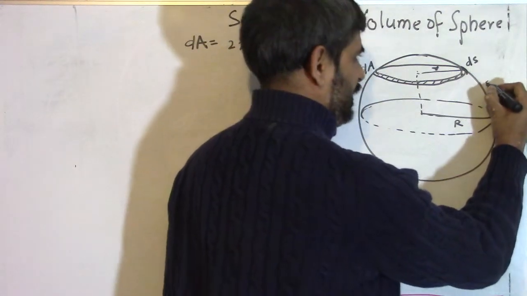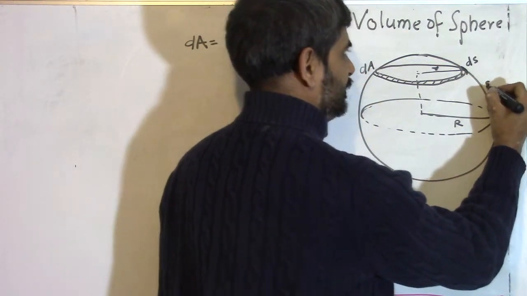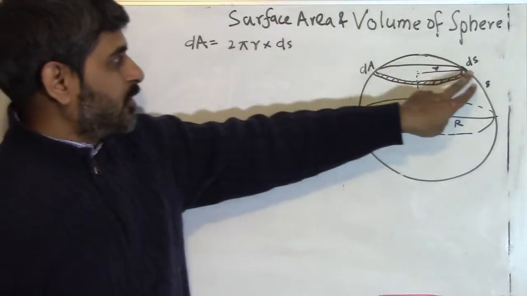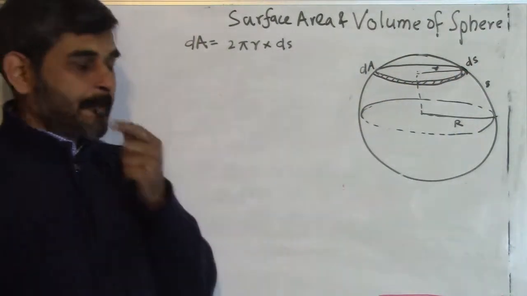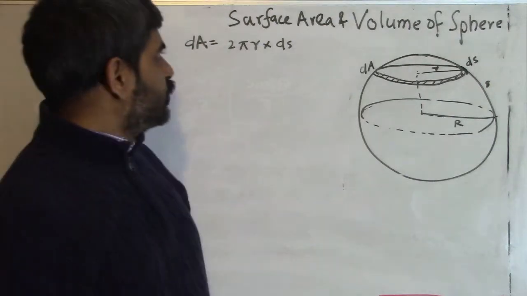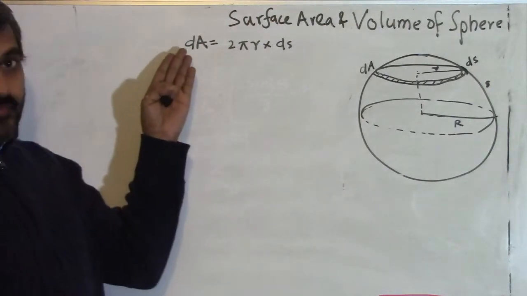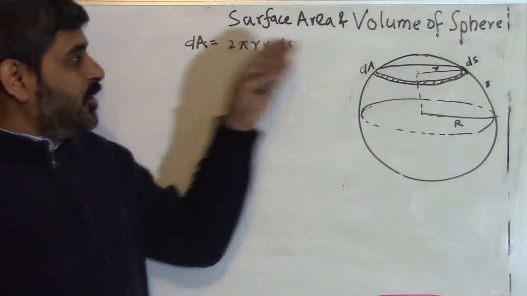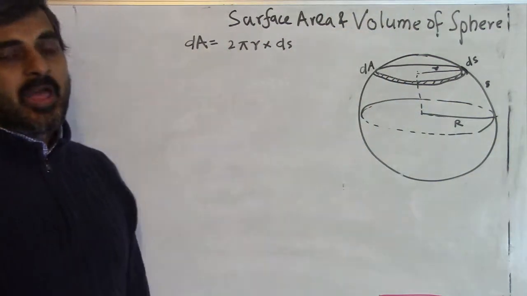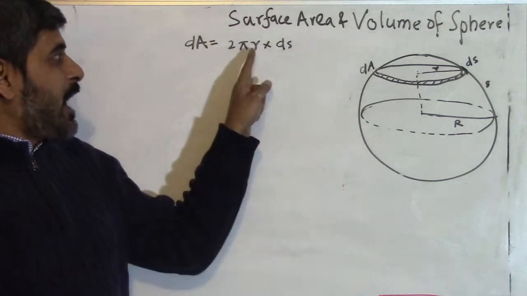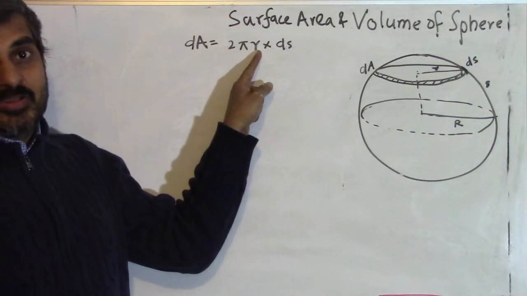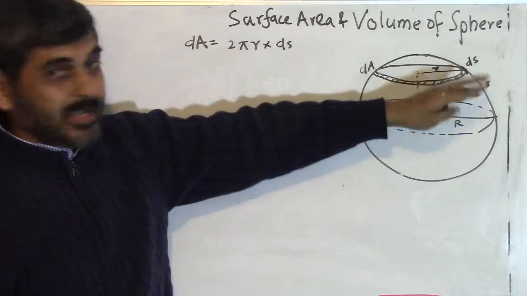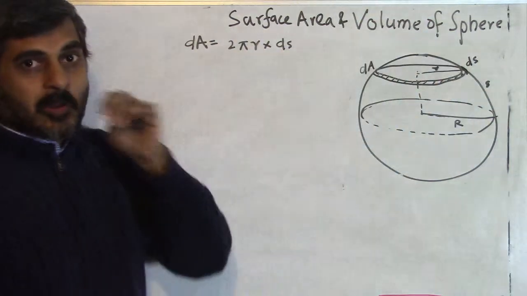Let's call this length S. ds is a differential of S, a small part of this arc S. To solve this problem, we need to integrate this area from here to here. Now r is varying as we move from here to here, and this small ds is also varying.